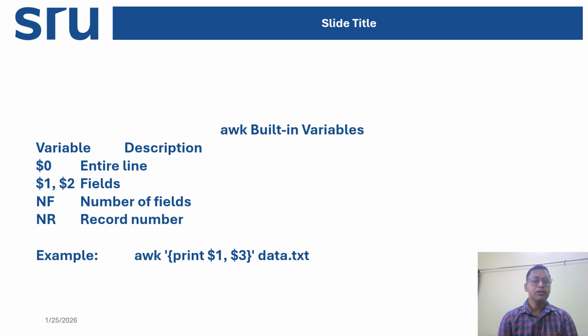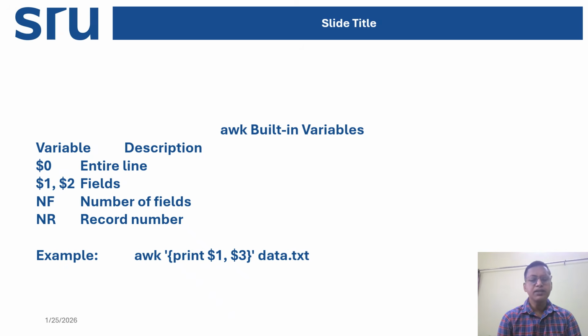So the NF value is 5, because each student record contains 5 fields. And one more is NR, which is the record number. Suppose the 10th record, 14th record, 20th record, 50th record, it gives the record number only.